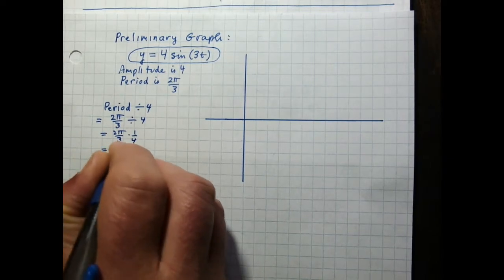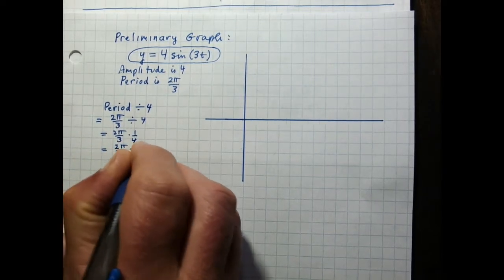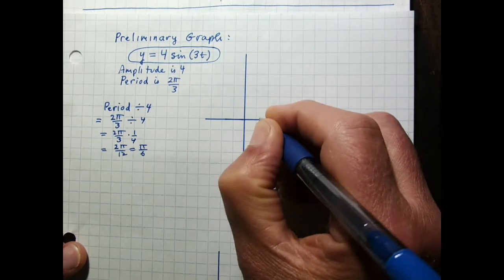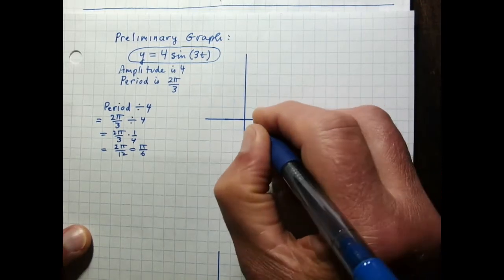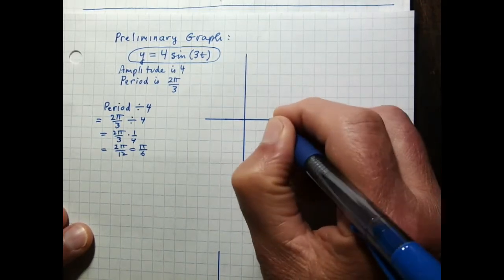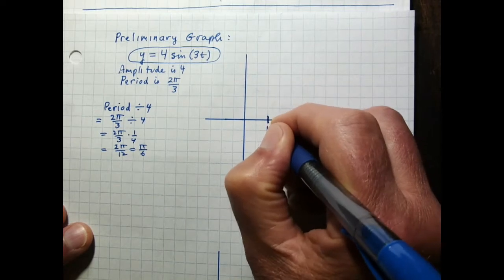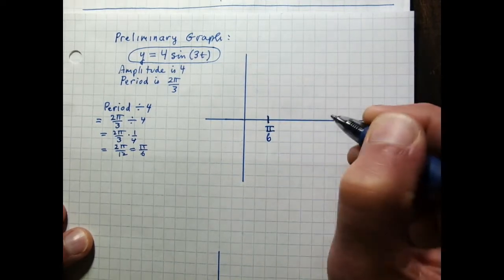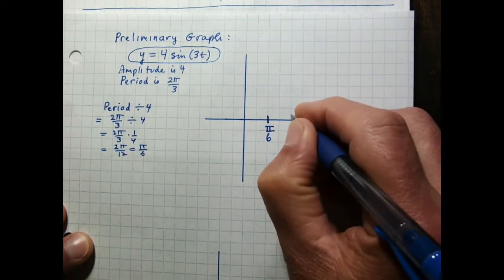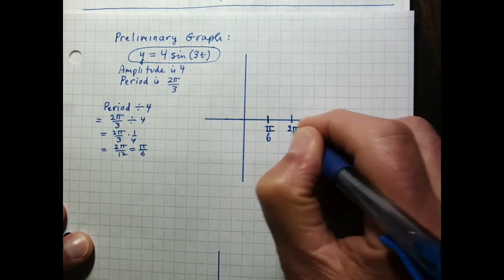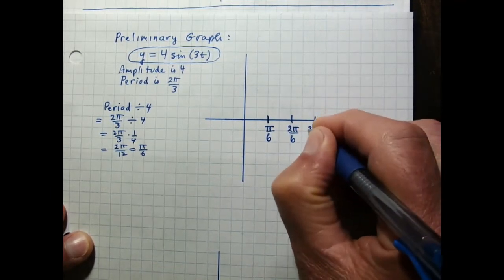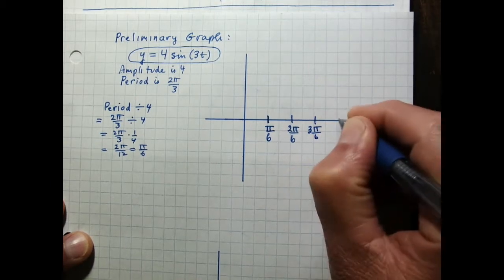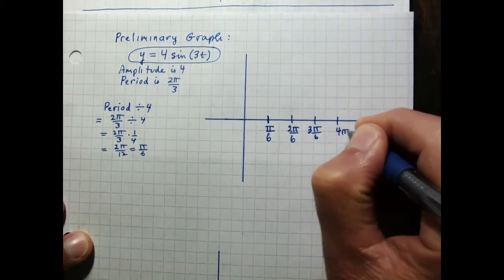That's 2 pi over 12, or pi over 6. Pi over 6 is going to be what I mark off my horizontal axis in increments of pi over 6. So like pi over 6, 2 pi over 6, 3 pi over 6, and 4 pi over 6.